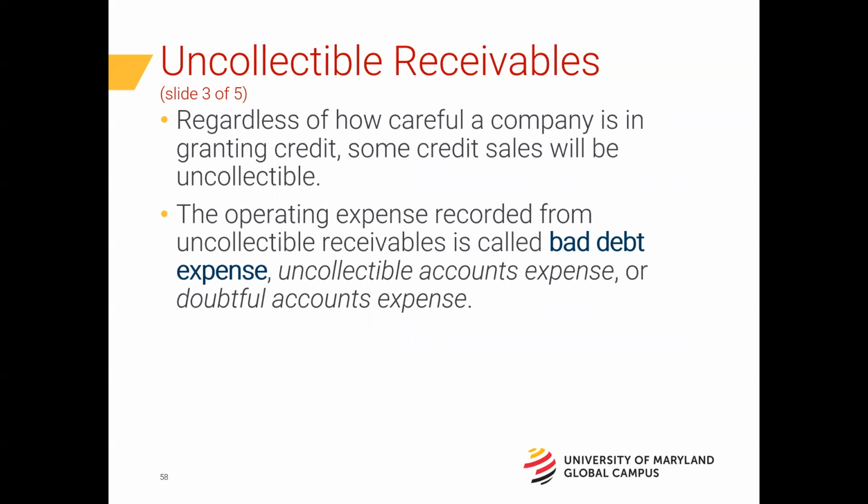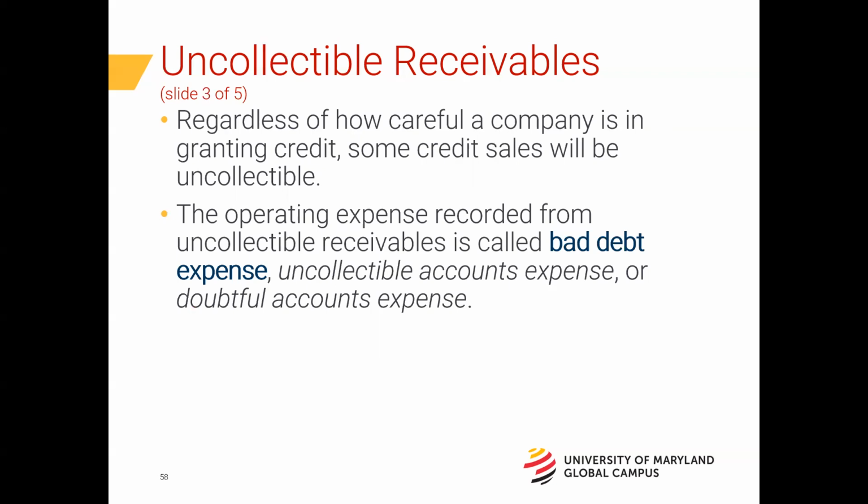Another mitigation strategy that companies have is called a write-off. We can write off uncollectible accounts to another account called bad debt expense. So what we do is we debit bad debt expense and we credit the receivable.